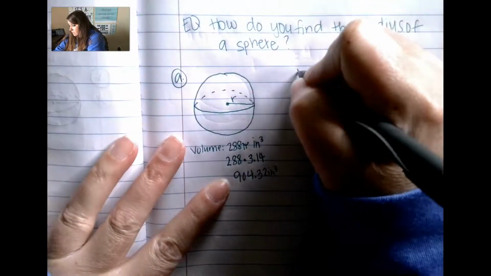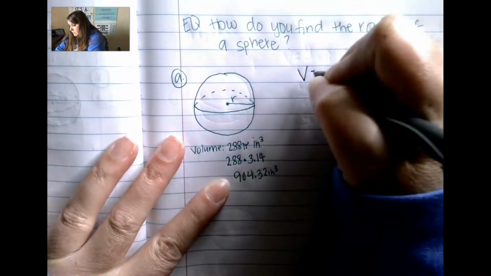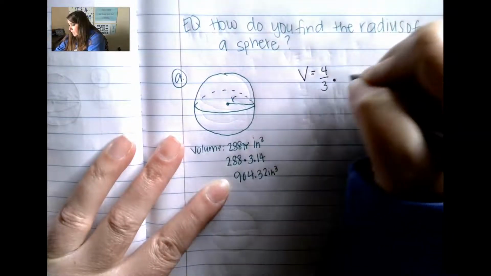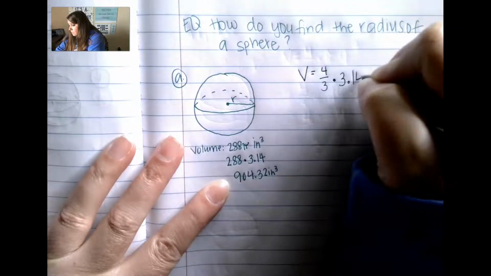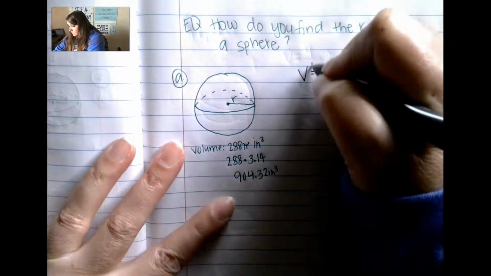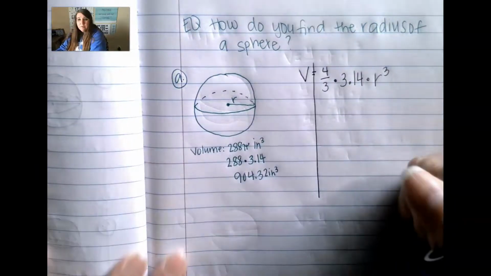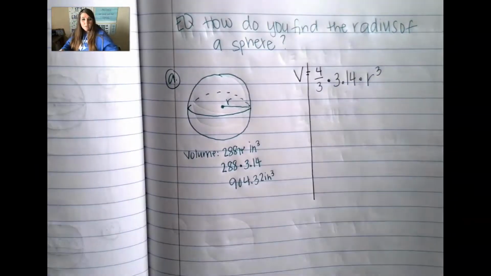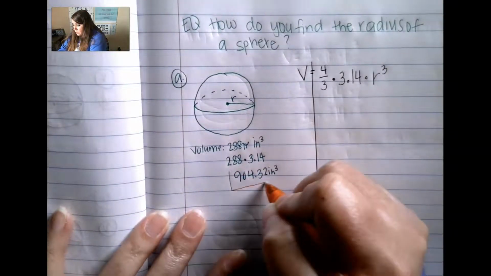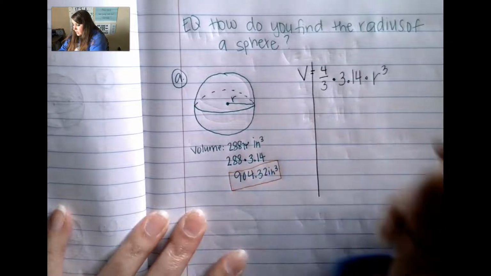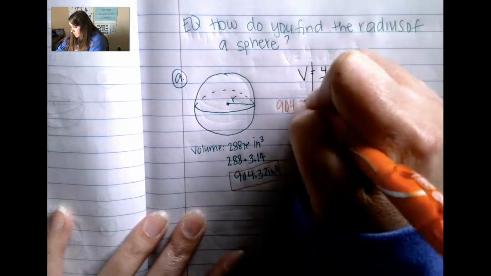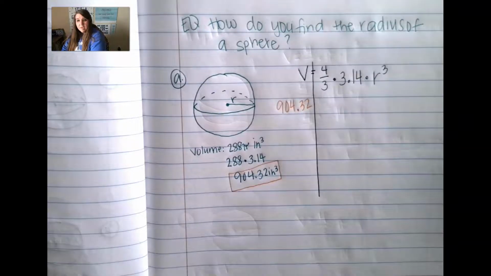So the formula that we've been using is the volume of a sphere is 4/3 times 3.14 times the radius cubed. So let's start by filling in the information that we know. So volume, we know that the volume is 904.32. So we're going to fill that in.